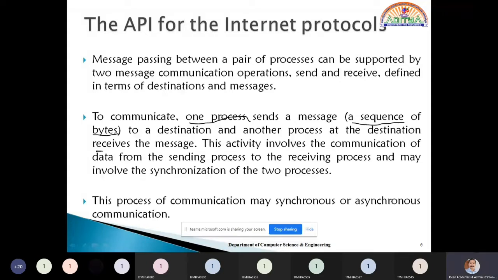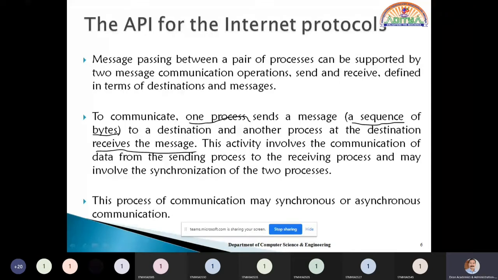Another process at the destination, be clear here. The destination is a physical location, a computer or any other device which will receive the message. A process which is executing on that particular destination will receive the message.